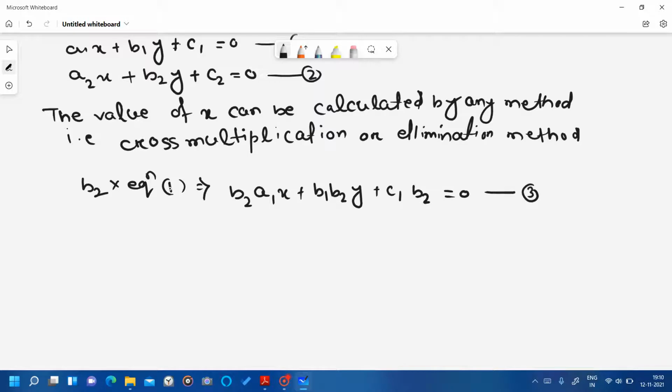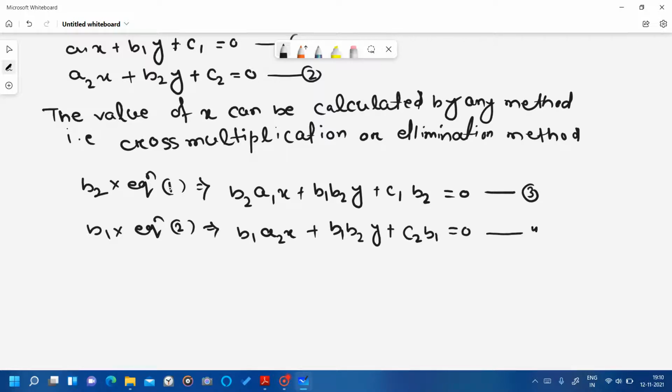Now we multiply b1 with equation 2. Now the new equation will be b1a2x plus b1b2y plus c2b1 is equal to 0.